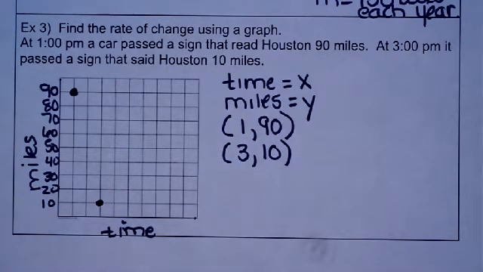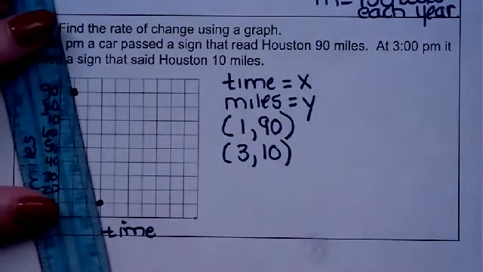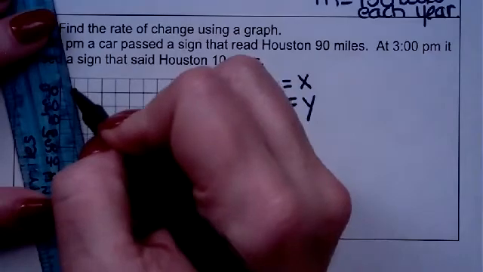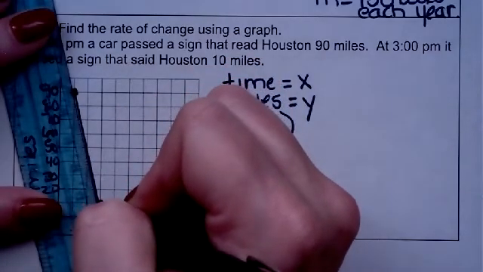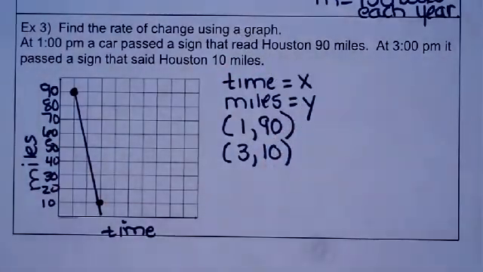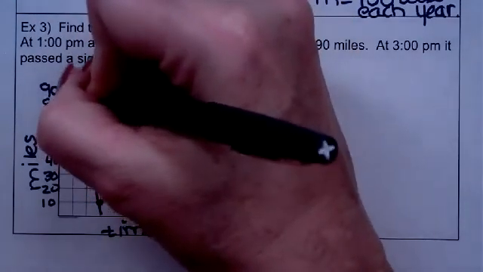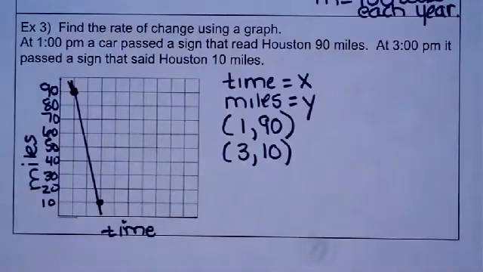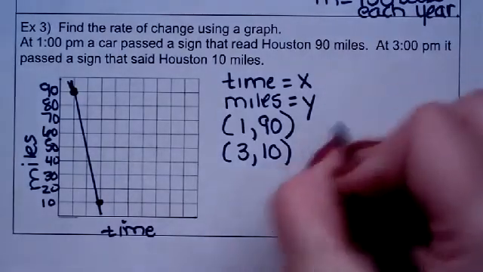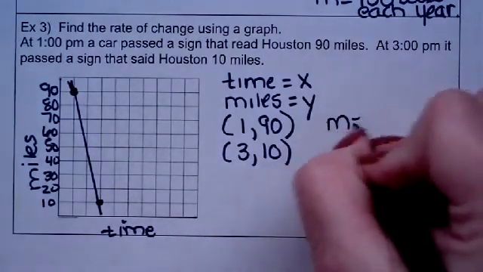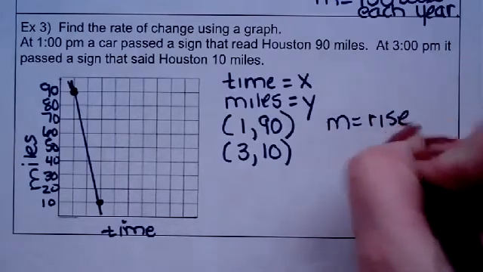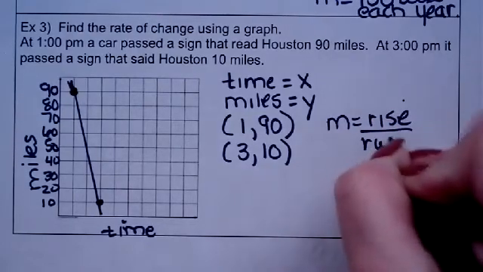Okay. I'm going to grab my ruler right here, and I'm going to connect those dots. Oops, a little bit past it. Now, do you remember that when we're doing the graph, we think about the slope as being rise over run?